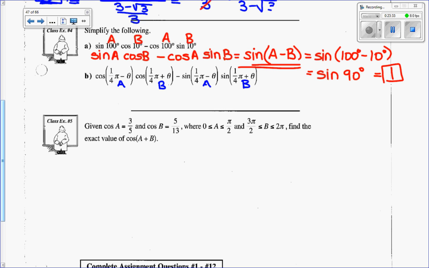Cos A, cos B, minus sine A, sine B. It's cos of A plus B. Yes, okay, and if it's cos of A plus B, then let's sub in what our A and B is. A is 1/4 pi minus theta.